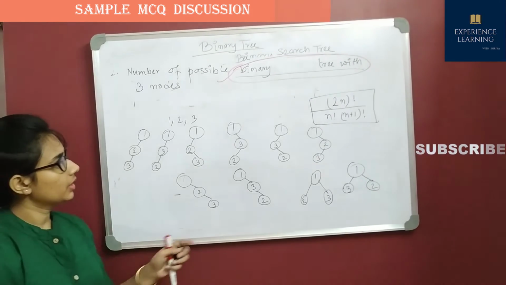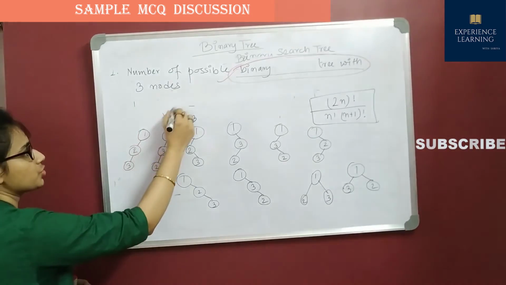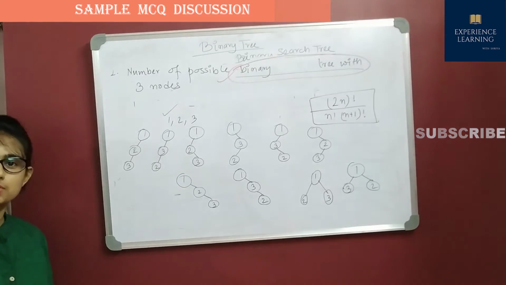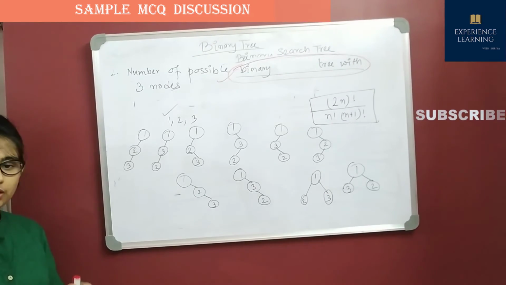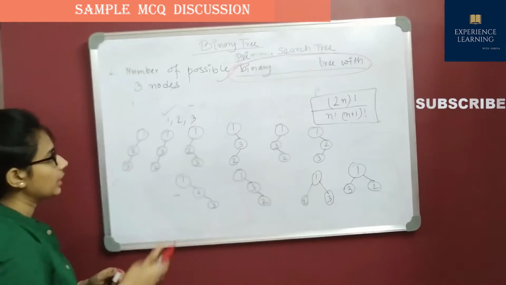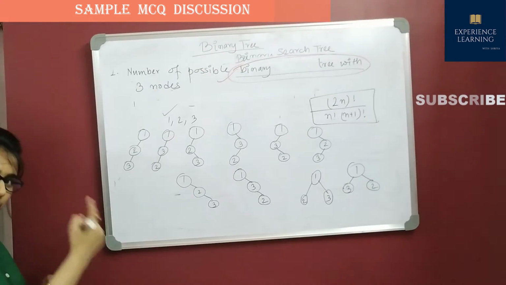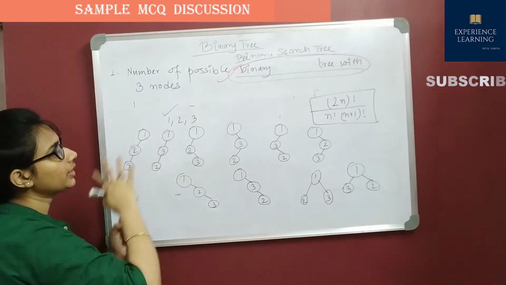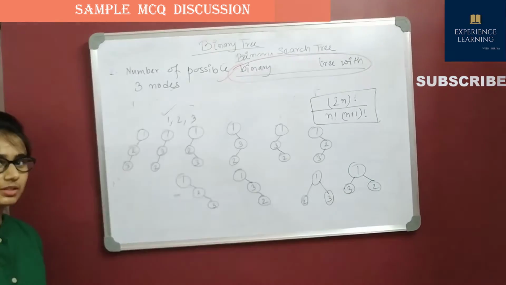So you can see here, if I consider 1 as root, then 10 possibilities are there, isn't it? So I think from this you can understand. If I consider 2, again 10 possibilities will be there, and if you consider 3 as root, again 10 possibilities will be there, isn't it?